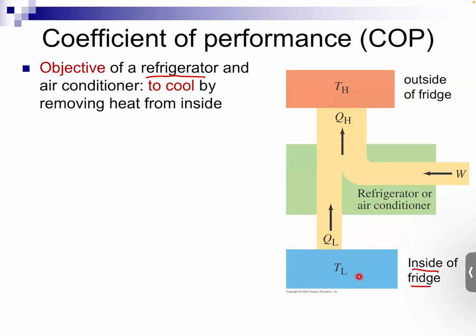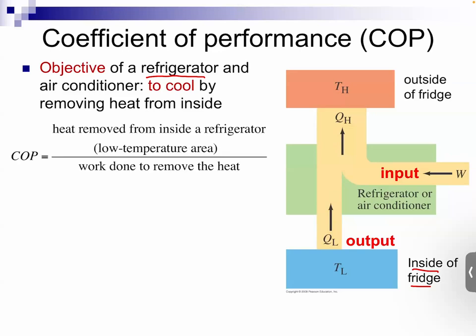And to maintain a cold inside of the fridge, we need to remove energy from the cold inside and put that into the outside warmer environment, and therefore we need to input work. So in other words, the output, which is what we want to achieve, is the cold temperature inside the fridge, and the input is what we need to do in order to achieve that output, and the input is to do work in order to facilitate energy transfer from cold to hot regions.